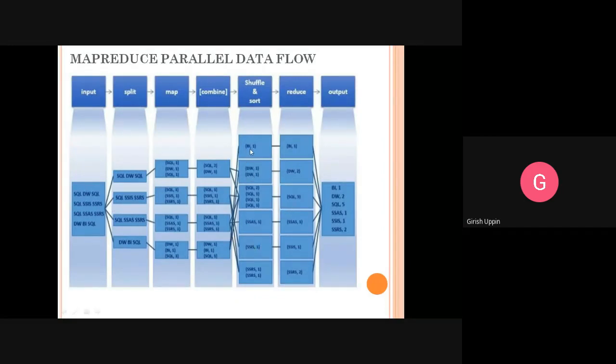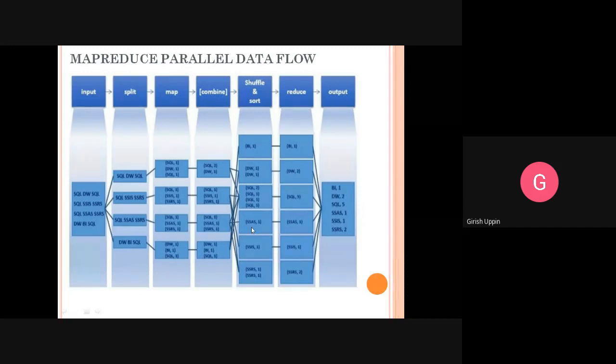In the sort, you can see we have here BI. Logically, according to the sorting, it will come here. Then it is sorted into BI comma 1. Then all the DWs are sorted here. And next SQL: all the SQL key value pairs will be shuffled into another group.